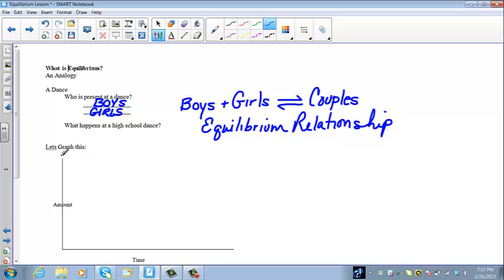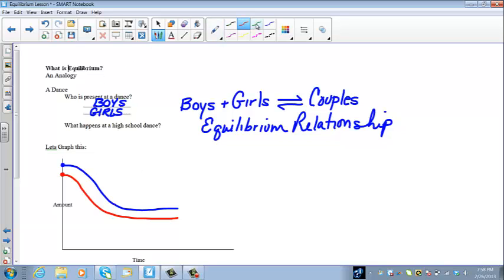So what happens at a high school dance? Well, you might have the number of boys at the dance look something like this: it increases, and then it levels off. The girls, maybe there's a little bit less girls at the dance than boys, so it might look like this.